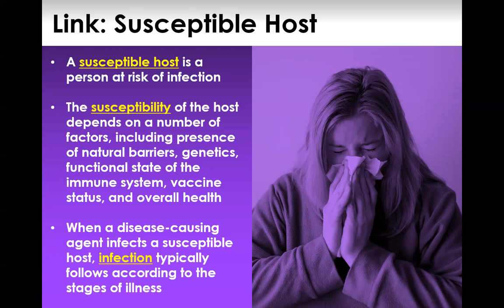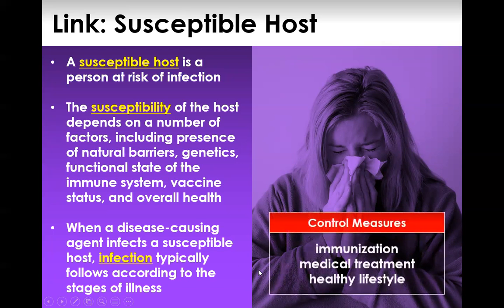Okay, why do some people get really, really sick and some people don't? It's a combination of these things when they're infected with COVID-19, which is the example that we're using. All right, so how do we control this? Well, immunizations, and medical treatment early and often.